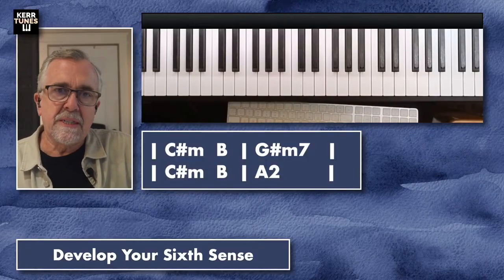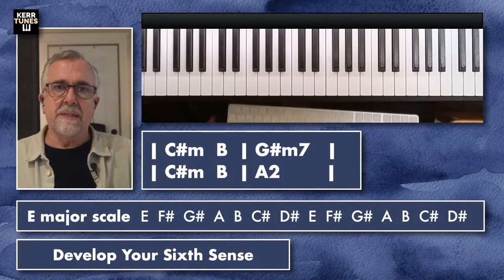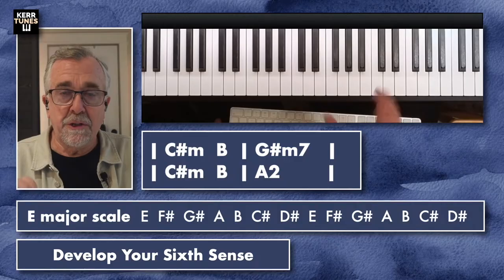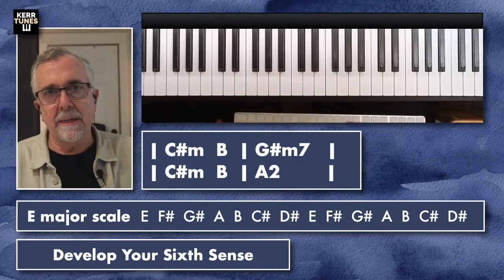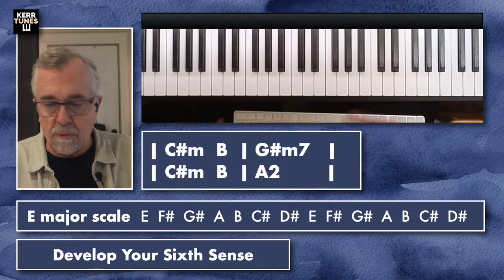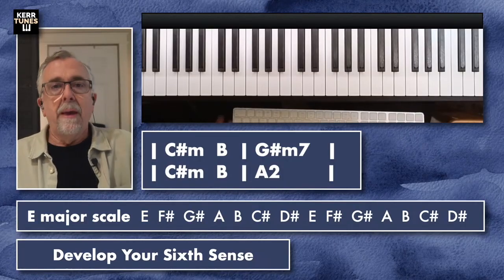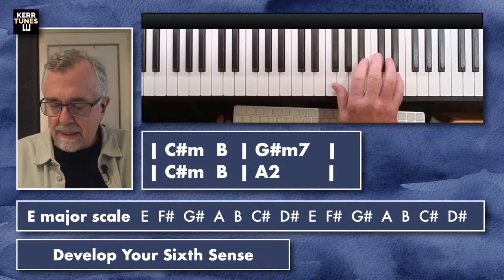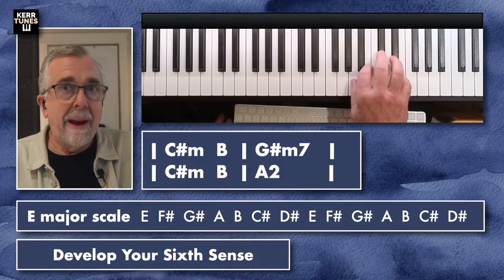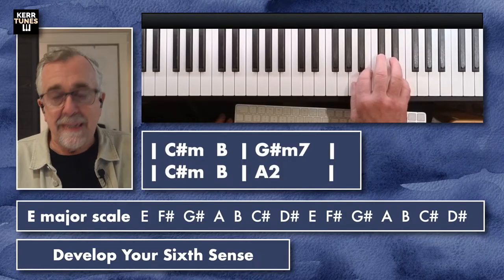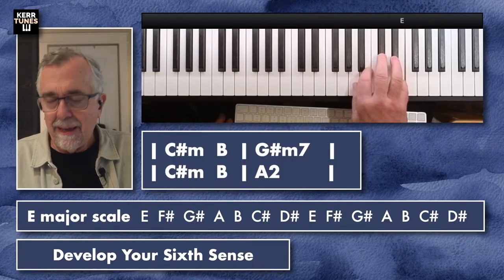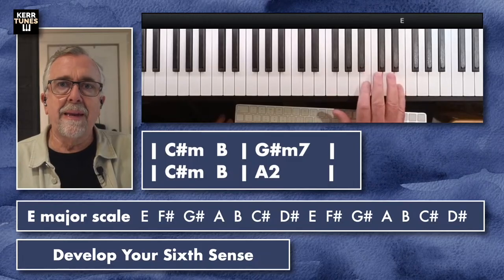Now I'm going to show you the scale of E major because it's going to matter as I show you how the interval of the sixth can be used with great benefit in the music you create live. Now, the interval of the sixth is what you might expect it to be. The sixth is found if you play any note in the scale.